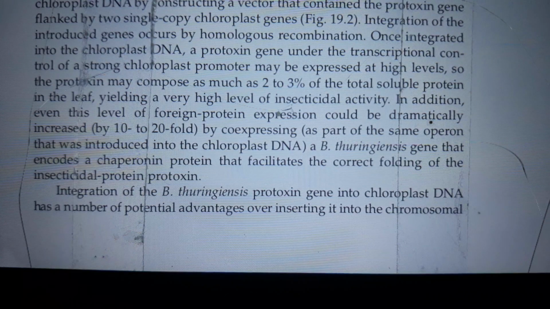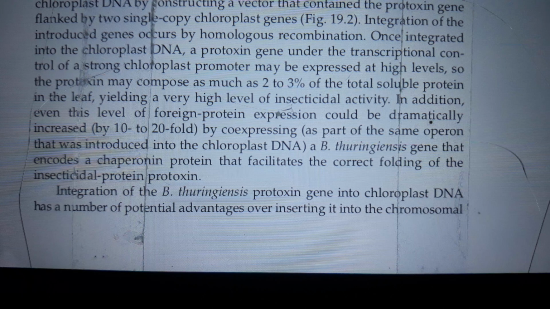Of the insecticidal protoxin, other researchers have introduced an insecticidal protoxin gene directly into the chloroplast DNA of the host plant. The Bacillus thuringiensis protoxin gene was integrated into a specific site of the chloroplast DNA by constructing a vector that contained the protoxin gene flanked by two single-copy chloroplast genes.